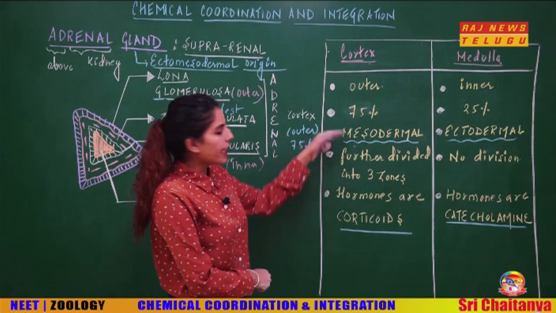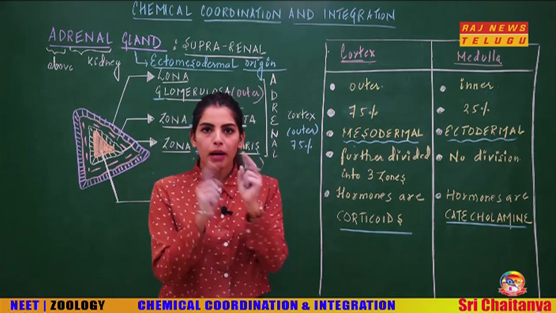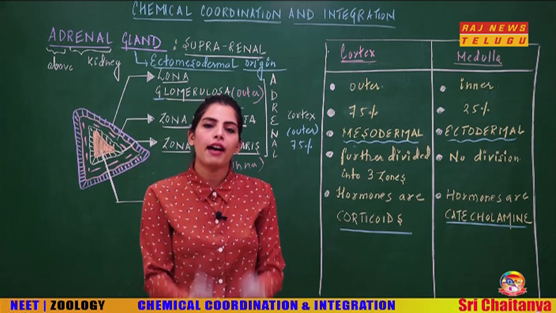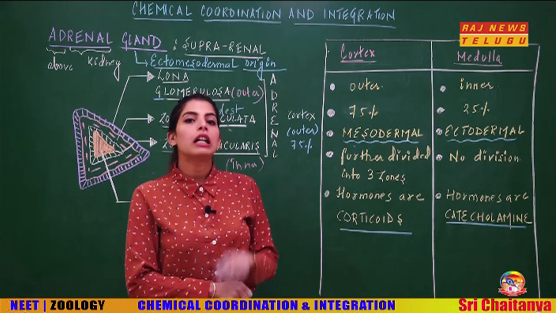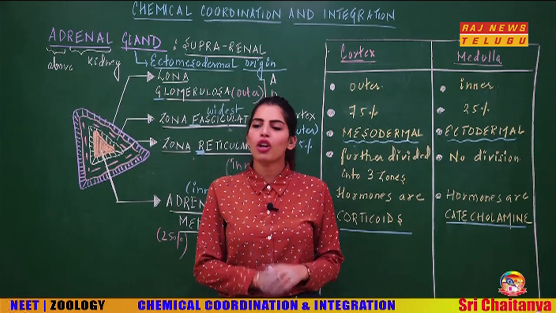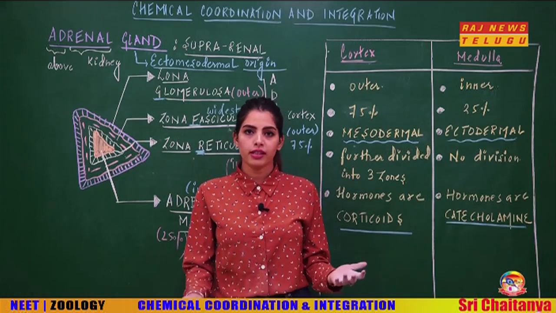Now, the cortex, we have seen, is further divided into 3 zones, but the medulla has no further divisions. Very important: when we are talking about glands, we definitely need to talk about the hormones.